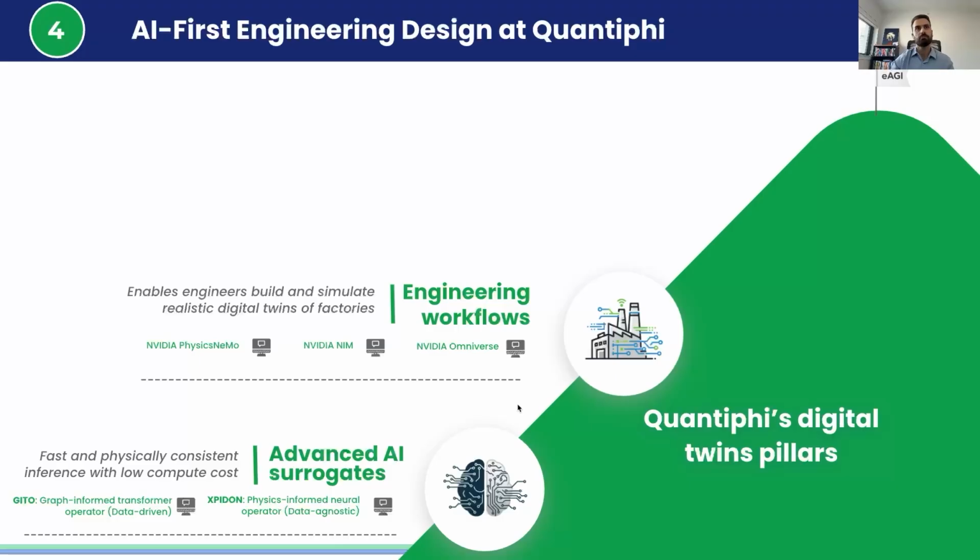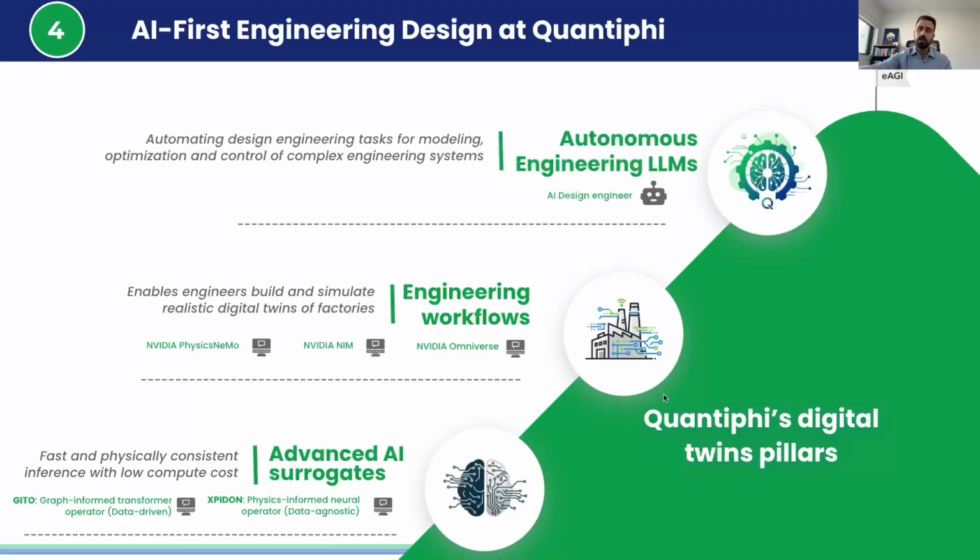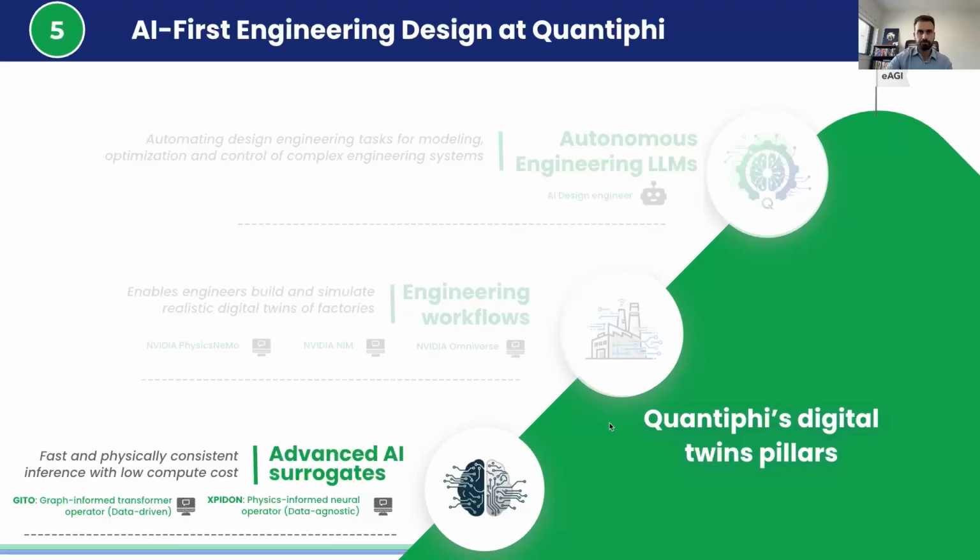These essentially empower engineers to build and simulate realistic digital twins of factories. And we have autonomous engineering LLMs. These are frameworks that automate design engineering tasks, such as modeling, optimization, and control of complex engineering systems. Now, let's go through each of these elements one by one.